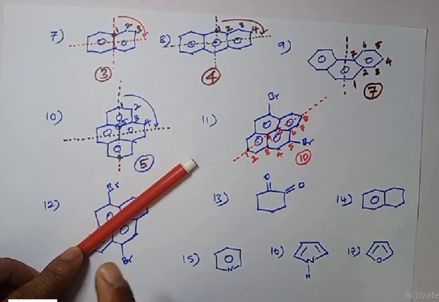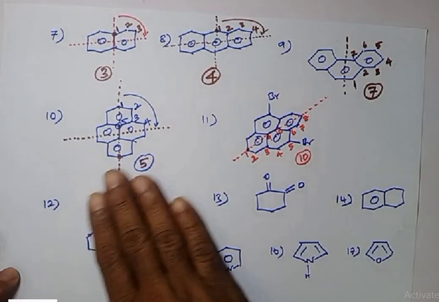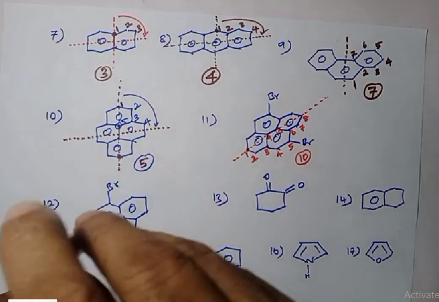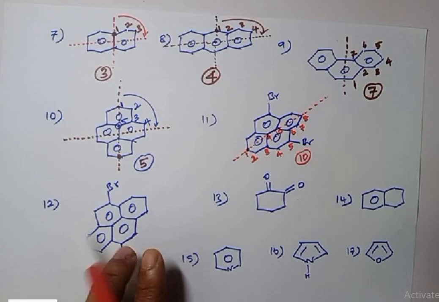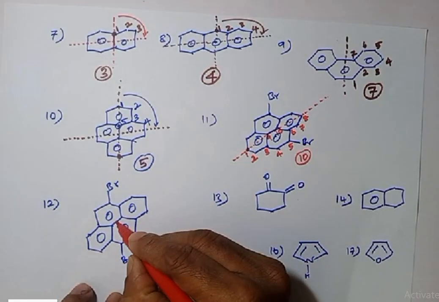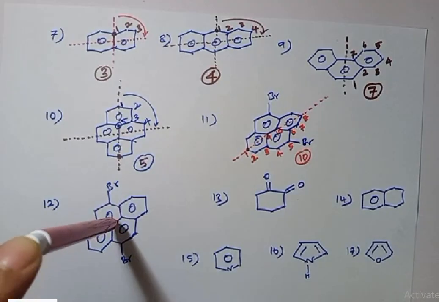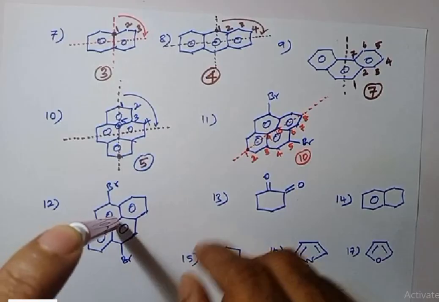But the molecule has an axis of symmetry. Isn't the entire molecule planar? So I will keep a plane passing through the center like this. Between the middle 2 carbons, you take this point and keep an axis here. Now, along this axis, rotate the molecule by 180 degrees.